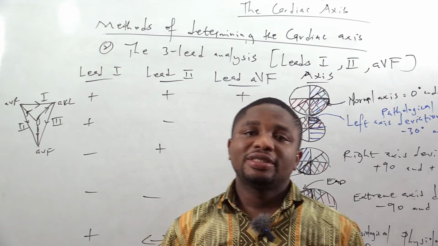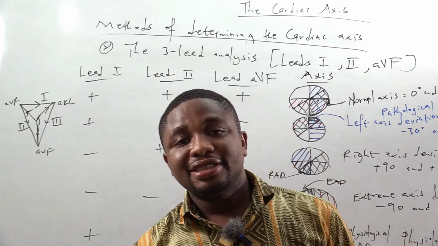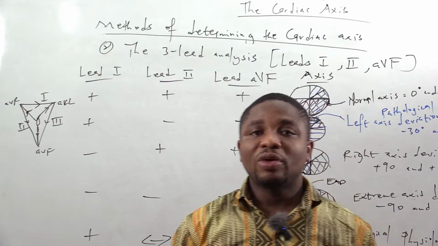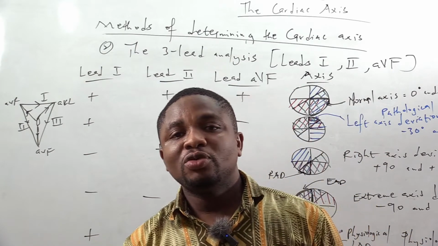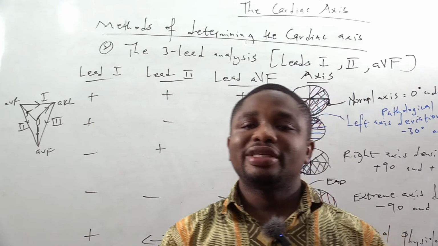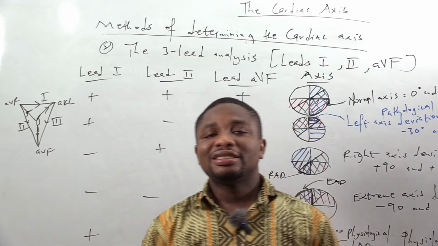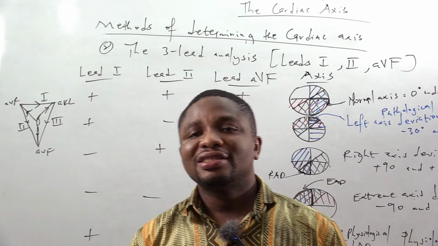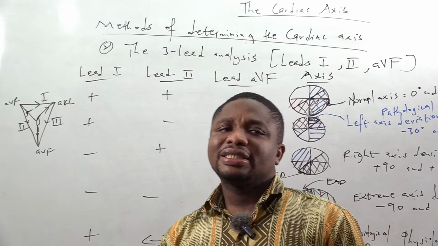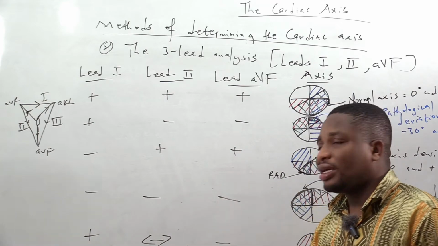Alright, so let's look at the 3-lead analysis method, that is using lead 1, 2, and aVF. Initially, we were using 1 and aVF for the quadrant method. This time around, we are adding lead 2 to make our analysis better.